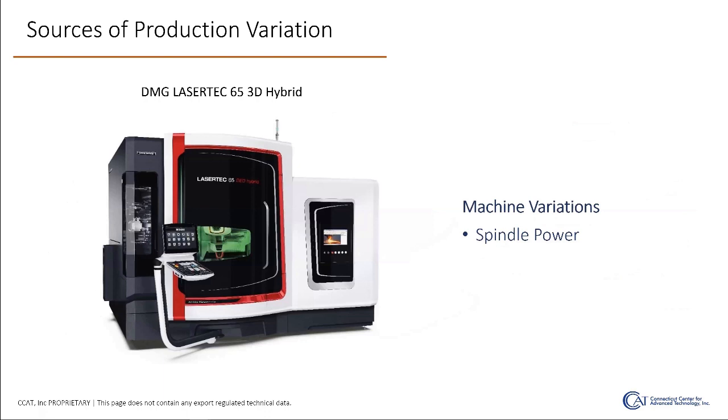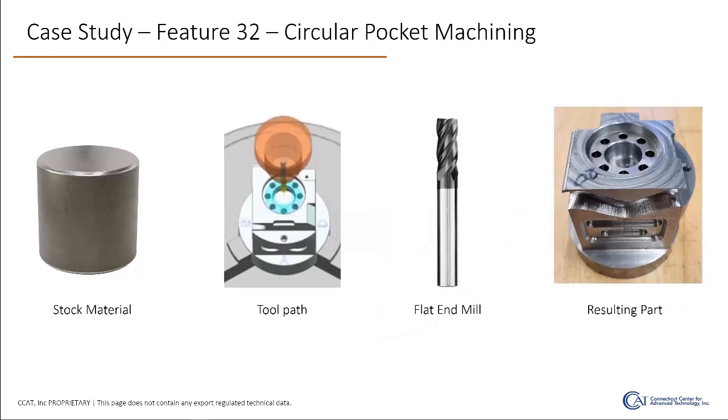In our particular case study, we're looking at the DMG LaserTech 65 machine that we use that's over in the back. And we were just looking at recording the spindle power for machining a particular feature on a part. So this was the experiment. We had the stock material shown on the left. That's a 4-inch diameter cylinder, about 5 inches high.